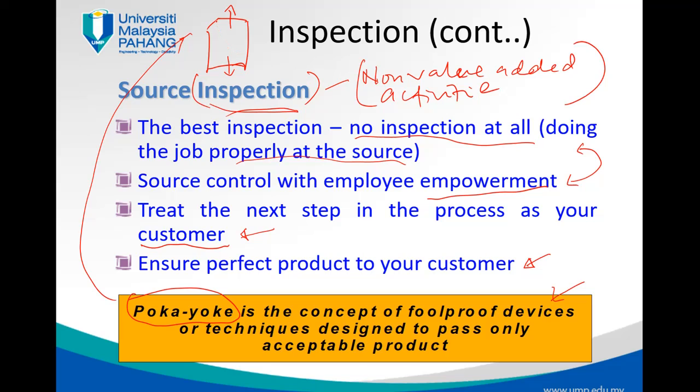Or the edge here, or the top and downside is being flipped, so we cannot put in the SIM card slot. That is one example of Pokayoke. It means that we design a device to make sure that the process or assembly is done in the right way for the first time.